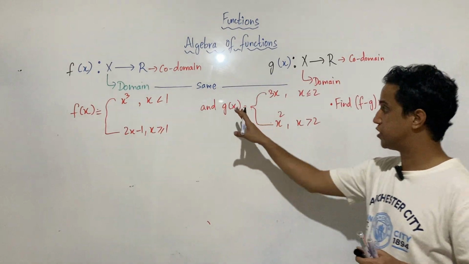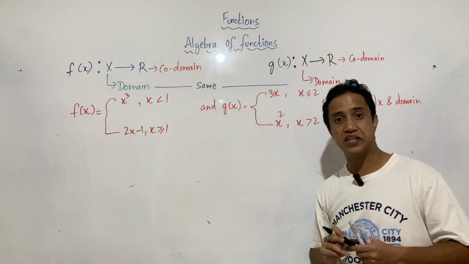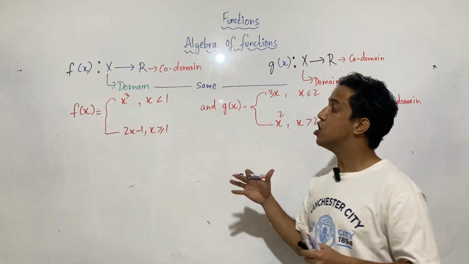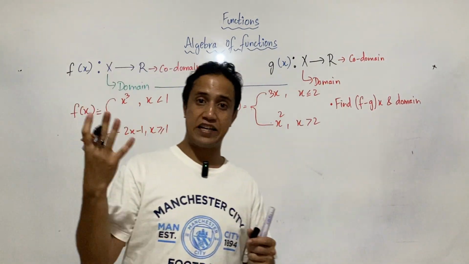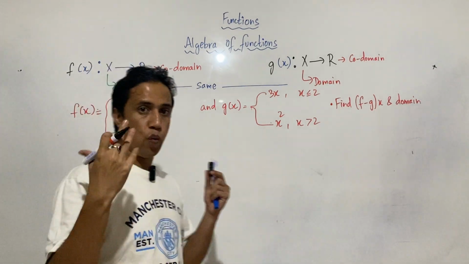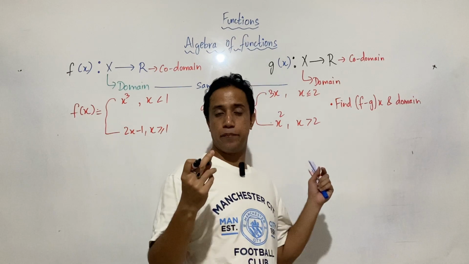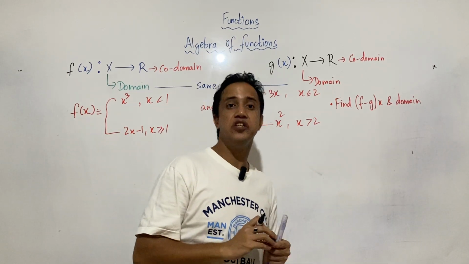The same goes for this function too. So we'll try to observe these two pieces and find out how we can develop some kind of correlation among them and how we can sort out the domain.